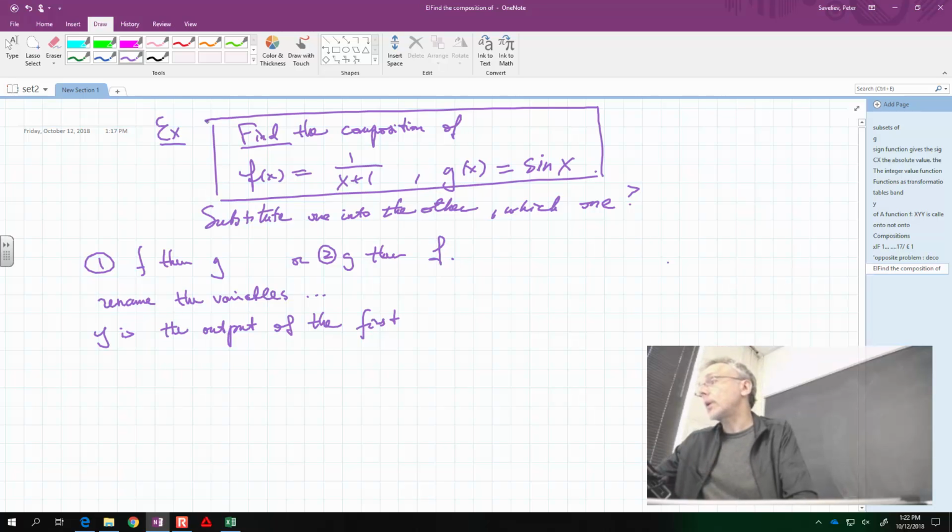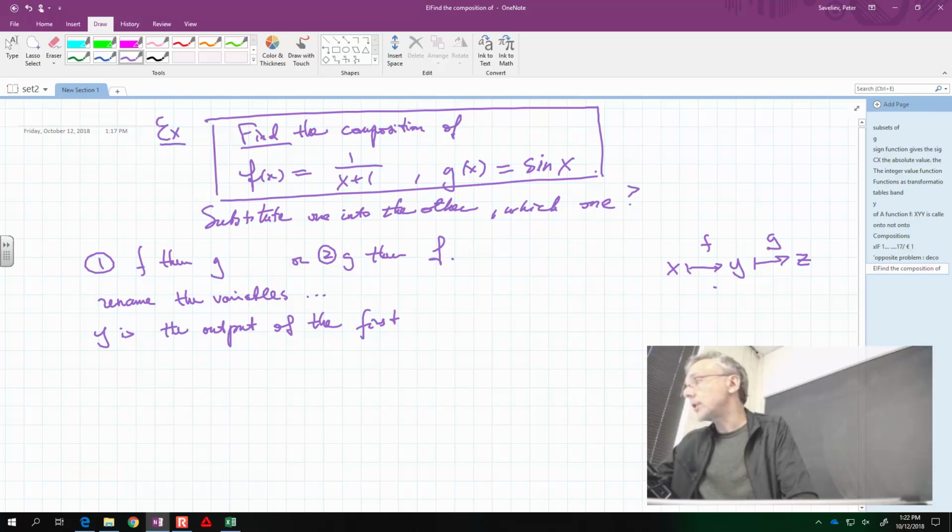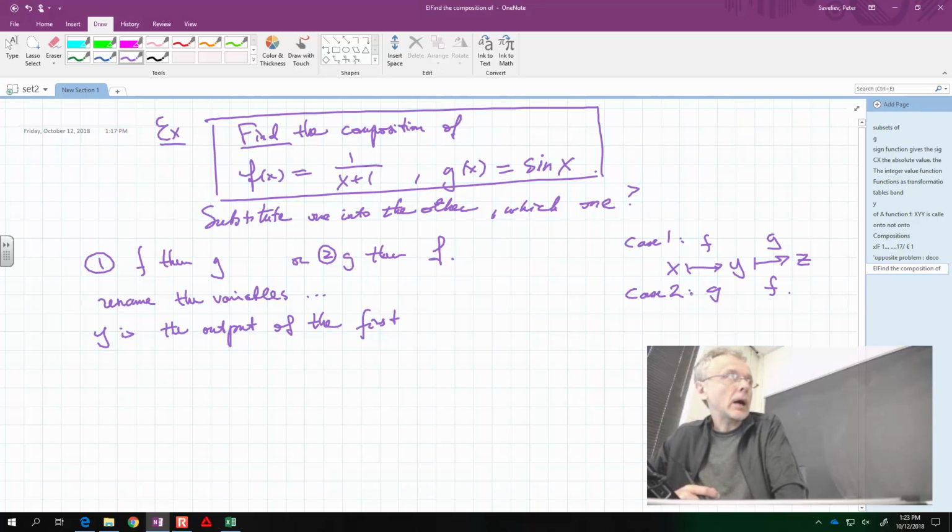So we know that we're supposed to go, and that's probably a good idea, from x to y to z. Okay, and we just have to decide, is it f then g, or is it g then f. Okay, so once again, two cases, and this is case one, and this is case two. The same sequence of variables, probably, for your own convenience, but certainly the answers will be very different.